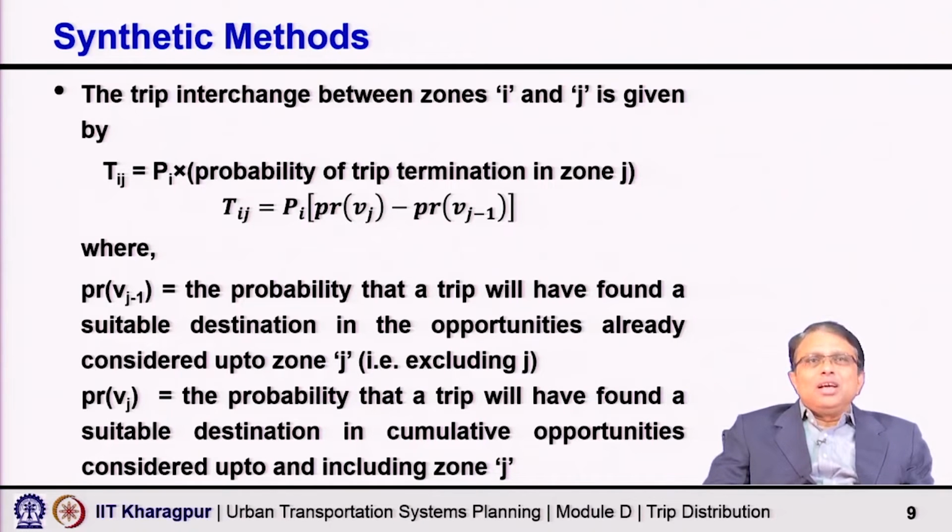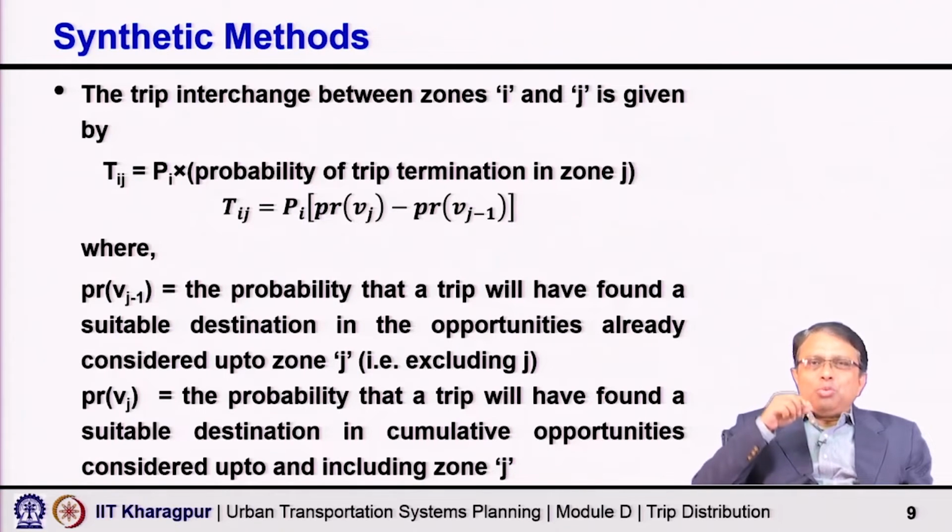One is the probability of trip terminating within zone j, the whole band or whole distance, minus probability of locating in V j minus 1.